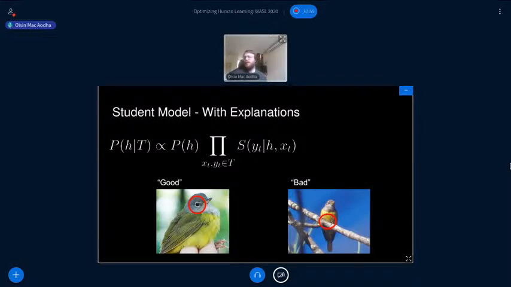Okay, so the other thing we're going to do is integrate the value of these explanations into the model. One of the simple intuitions here is that, while we can generate explanations for all examples, not all explanations are necessarily going to be equally useful to the learner. And so what do I mean by that? In this particular toy example, it might be the case that this explanation is quite a good one.